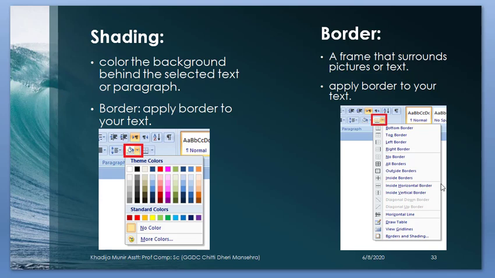And what is a border? A frame that surrounds a picture or text. You see in the picture there are many colors available for shading your paragraph, and also many styles for border. You can select any type of border style which you want to insert in your document.